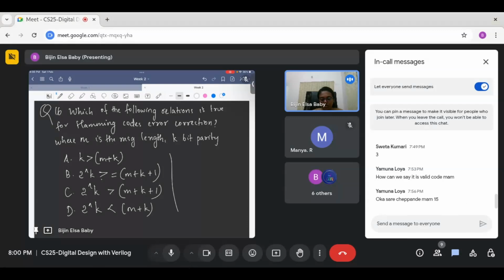For a Hamming code, you will have M plus K plus 1. The 1 is for the no error state. K is the parity bits and M is the number of message bits.